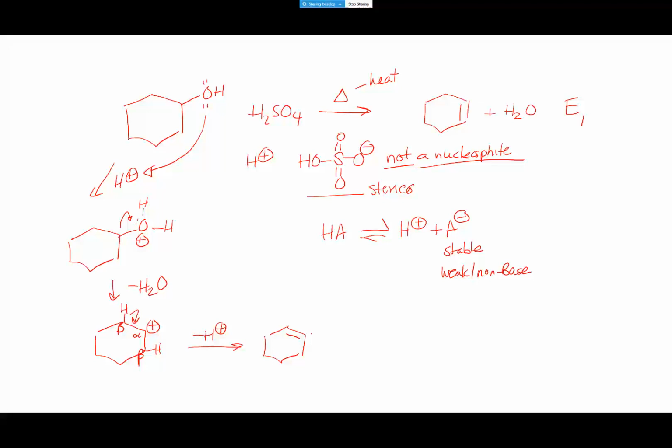So if we take an alcohol and we react it with sulfuric acid and heat, or you can also use H3PO4, which would be an alternative reagent, I'm going to basically lose water and form the double bond. So I have a choice with an alcohol.